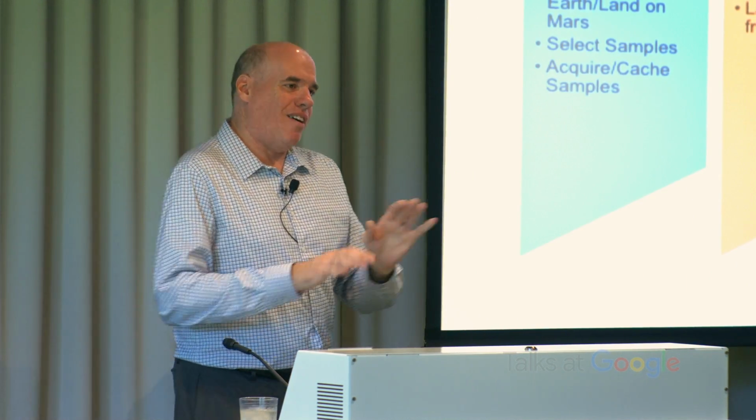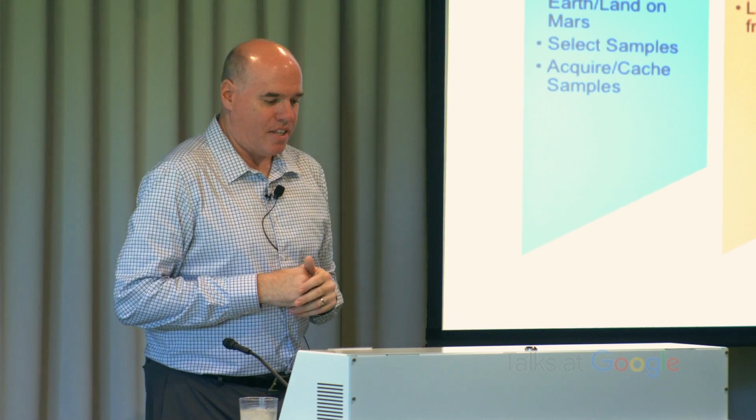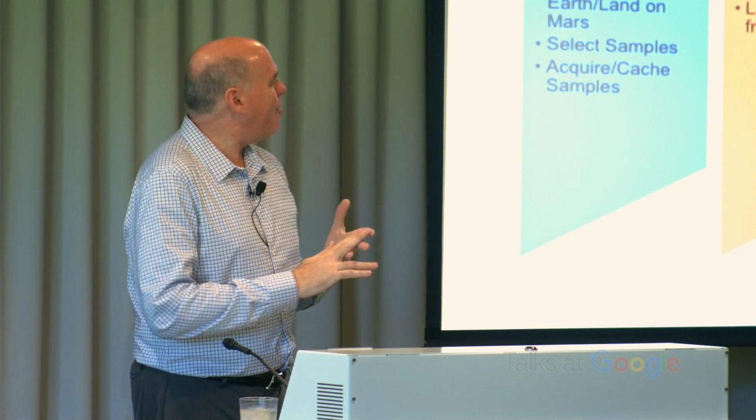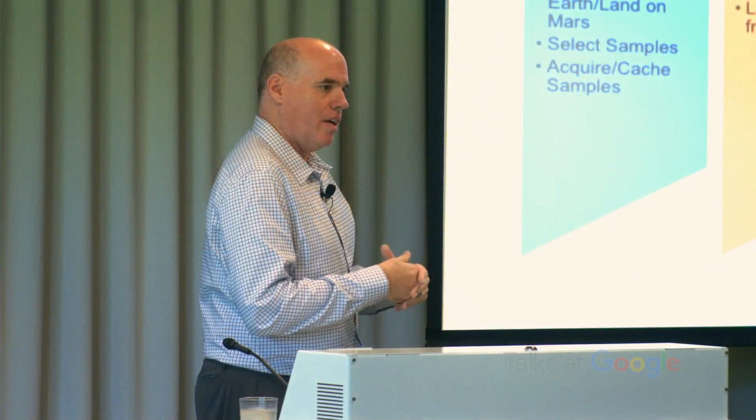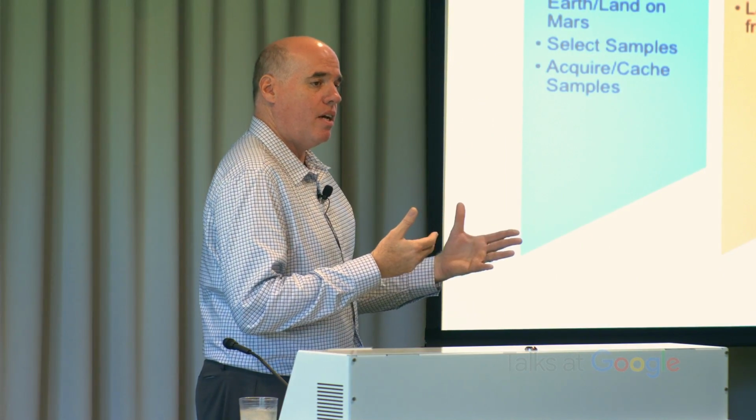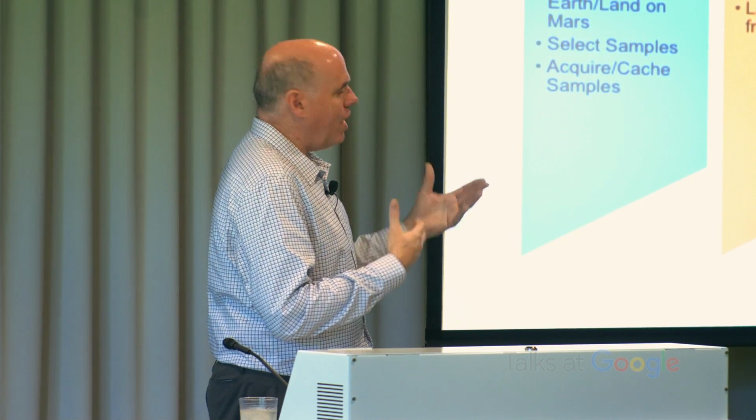And as I said, a variety of different ways of doing Mars sample return. But it turns out when you do defocus your eyes and think about what it would take to bring back a sample from Mars, there's kind of 4 things that you got to do. You got to get the samples, you got to get them off Mars, you got to somehow get them from that vicinity of Mars back to Earth, and then once you get them down here, you have to safely and while maintaining scientific integrity, study them.